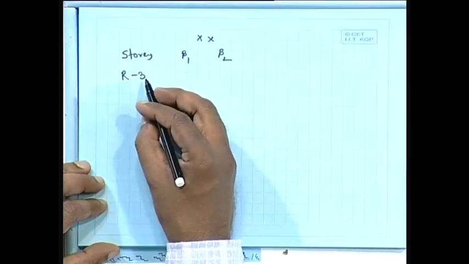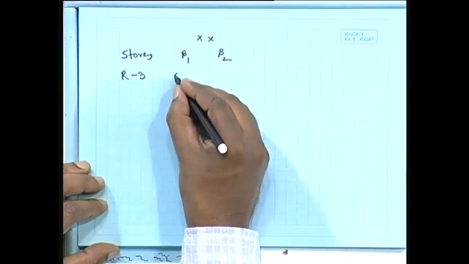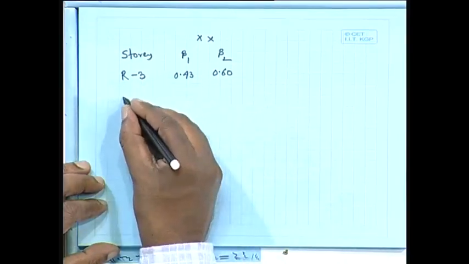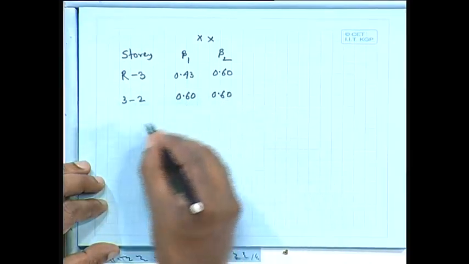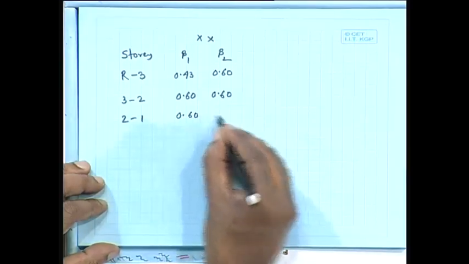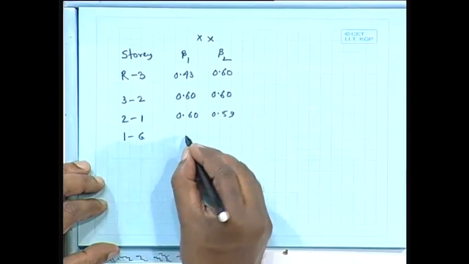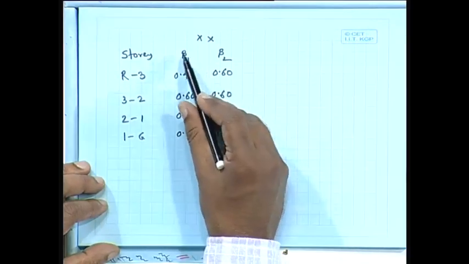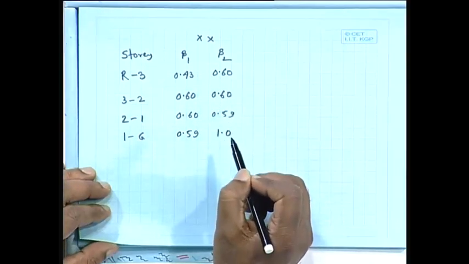So, we can get beta 1 and beta 2 for R3, that is given as say 0.43, we have got one case, another 0.60, then for 3, 2, both 0.60, 0.60, then 2, 1, again 0.60, 0.59, and 1 ground, say 0.59, 1.0. These are the different values for top and bottom. So, beta 1 and beta 2 we have got for top and bottom.